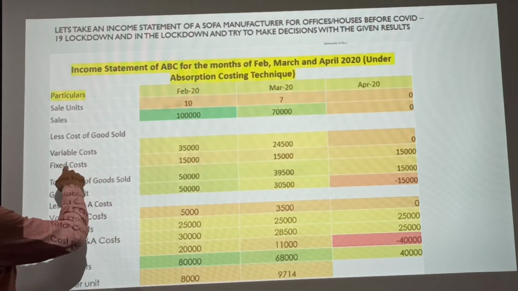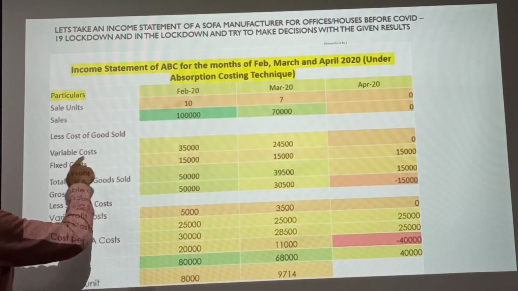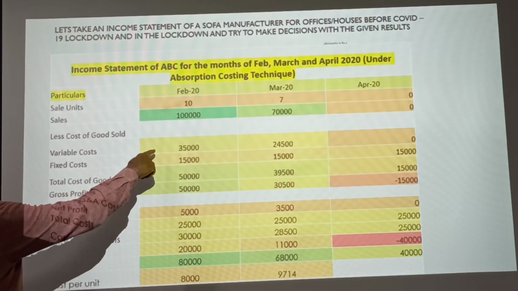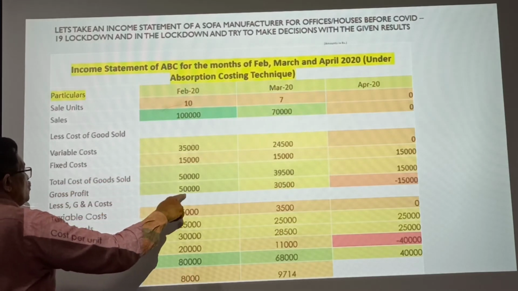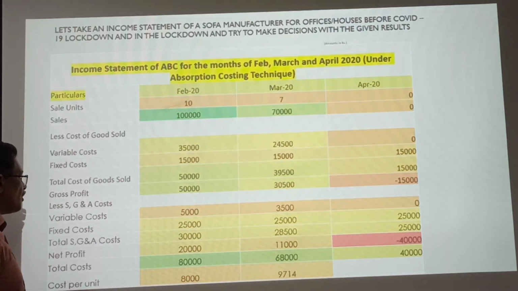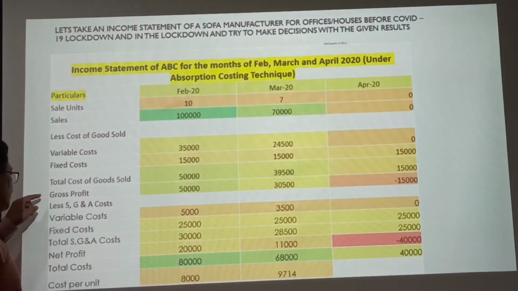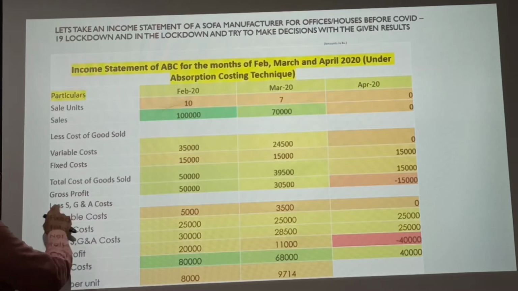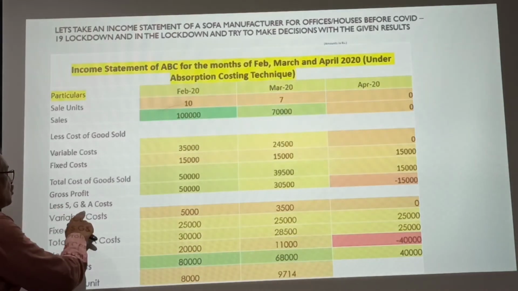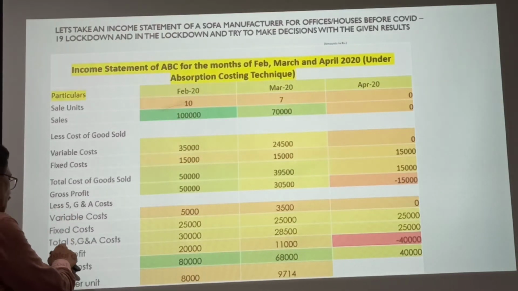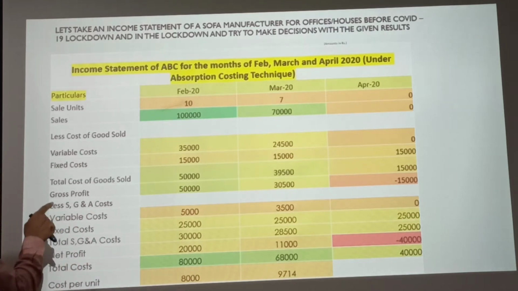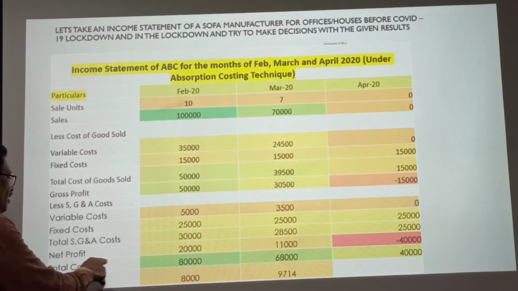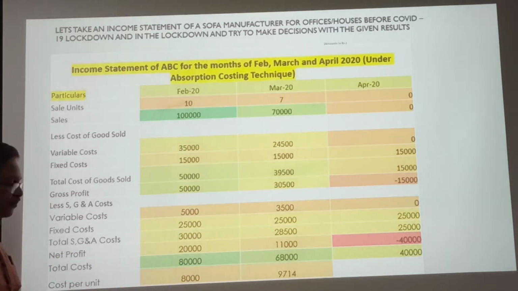So he has included both variable components and fixed components and deducted both to arrive at what is known as the gross profit. After that, he has deducted indirect costs relating to sales, general and administrative costs, including both variable and fixed components here also, to arrive at the net profit.